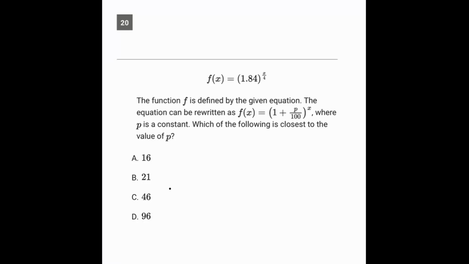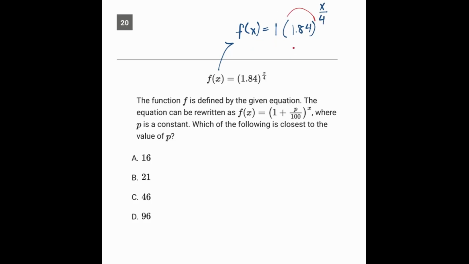So coming back over here now, this notation is kind of a variation of saying f of x is 1 times 1.84 to the x over 4. So according to what we just showed you, this thing would be starting at 1.